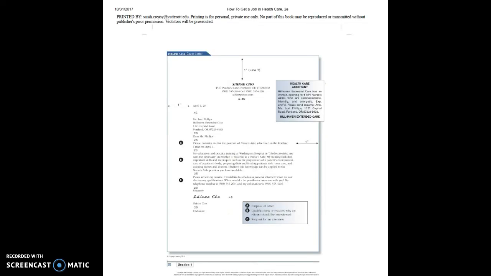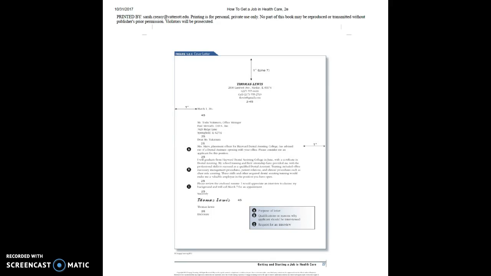Then this is the second one. This particular person is a graduate student, I believe. And so she's giving you a little bit of information about her background. And again, at the very end, notice how they say, please review my resume. I'd like to schedule a personal interview. Really key here is giving them contact information and asking for that interview, because if you don't ask for it, you're not going to get it.